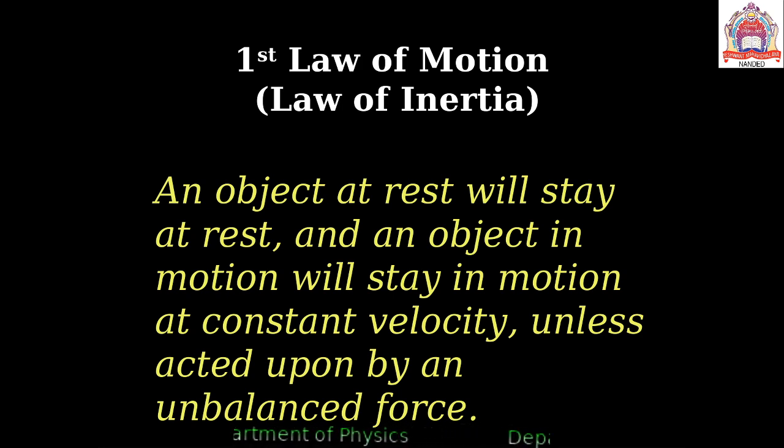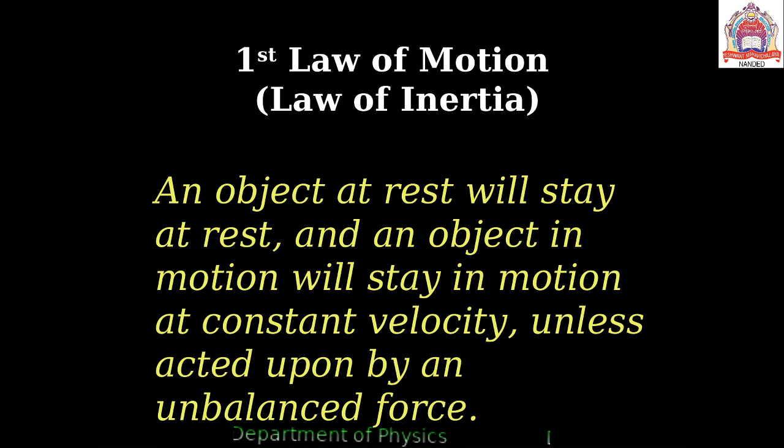The forces are said to be balanced when the net force on the object is 0. That is, when all the forces are added up, the result is 0. For example, when you are standing, the force of gravity is balanced by the force of the floor holding you up.